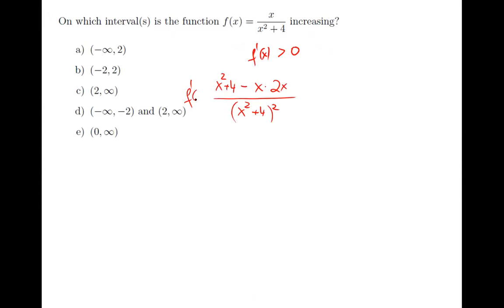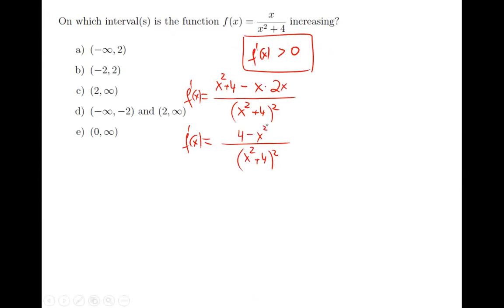Actually, let me write this way. First of all I have to have a good form of the derivative because I need all of the critical points. Negative 2x squared plus x squared gives negative x squared and 4. My denominator is never 0, because this will never be 0. That means I don't have critical points from the denominator, which is consistent with the domain being all numbers. But I do have the zeros from the top.